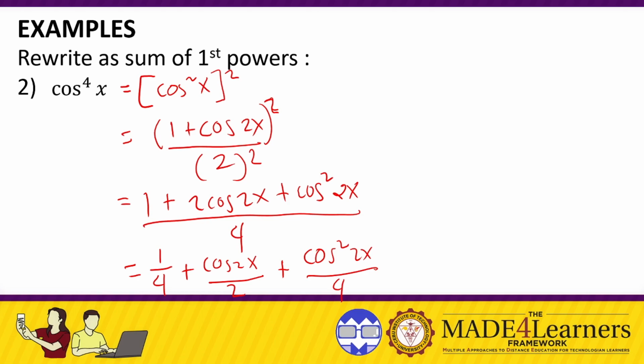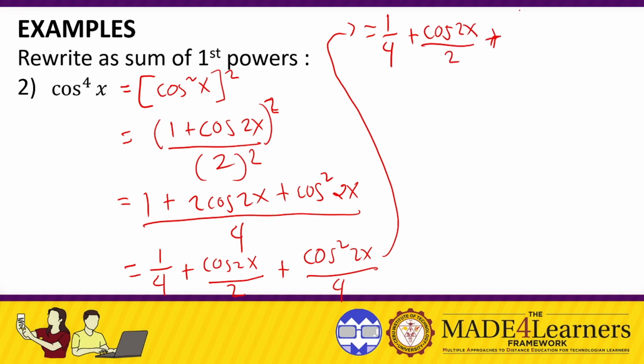But again, we know that cos squared 2x can be simplified further. So we have 1/4 plus cos 2x over 2 plus 1 plus cos, since it's 2x, 2 times 2, so 4x, over 2, all over 4.